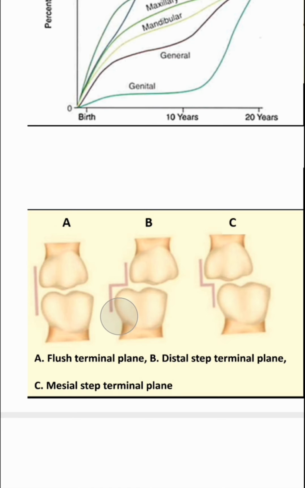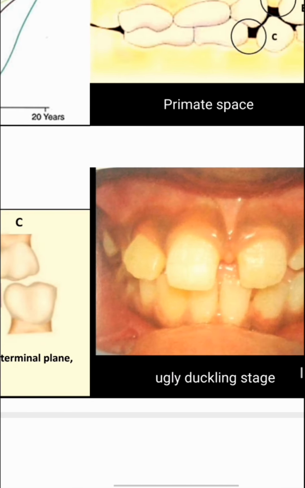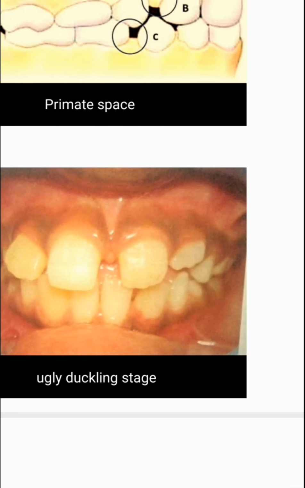If the distal surface of the mandibular deciduous molar is distal to the distal surface of the maxillary deciduous molar, it is distal step. If the distal surface of the mandibular deciduous molar is mesial to the distal surface of the maxillary deciduous molar, it is mesial step.